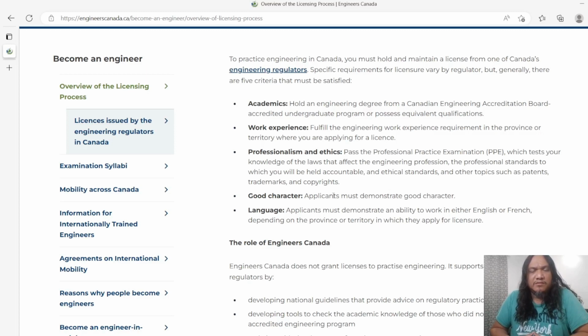Going back to the work experience, if the board finds that you don't meet the required experience to become a professional member, they would enroll you as an engineer in training. As an engineer in training, you will be required to have 4 years of approved experience under direct supervision of a professional member.